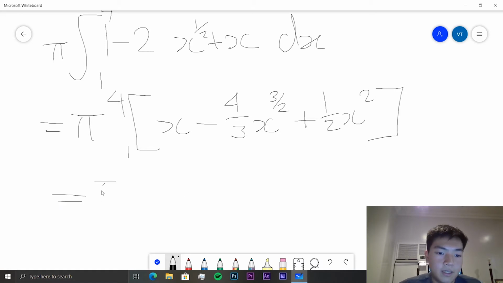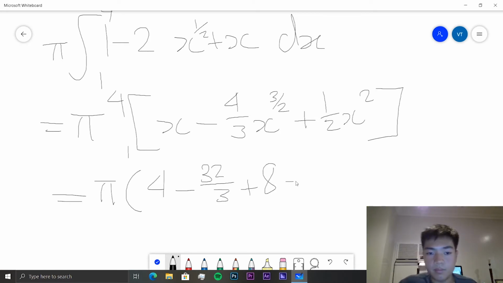If we evaluate this, it's pi times 4 minus 4 to the 3/2, so 8 times 4, so minus 32 over 3, plus 8 minus 1 plus 4/3 minus 1/2.